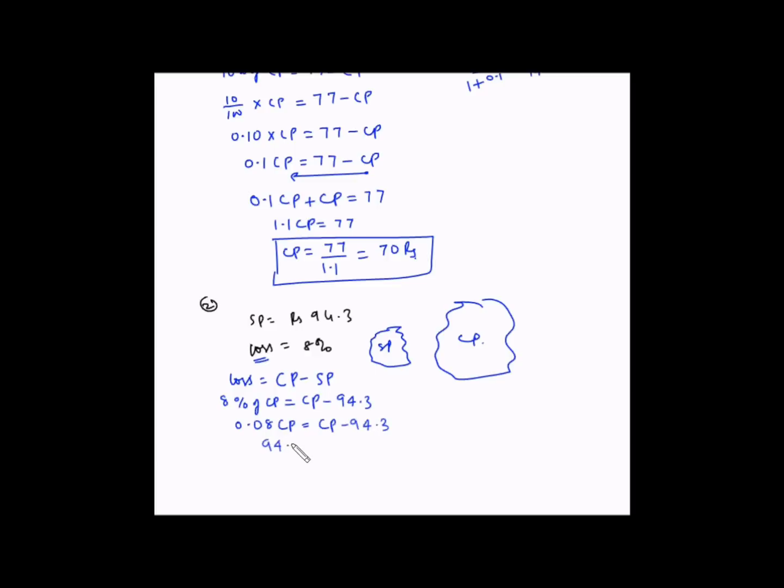So 94.3 is equal to CP minus 0.08 CP, or 94.3 is equal to, so 1 minus 0.08, which is 0.92 CP, or CP is equal to 94.3 divided by 0.92, which is equal to 102.5.